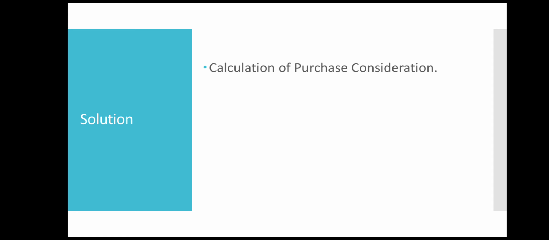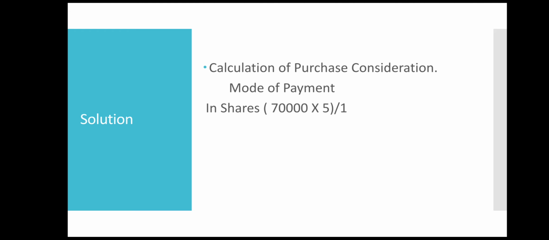Now first we have to write the calculation of purchase consideration, then the mode of payment. First I will take it in the form of shares. As I explained, for every 1 share they are receiving 5 shares. For 70,000 shares, question mark. So we have to multiply 5 into 70,000, into the value of each share, which is 20.